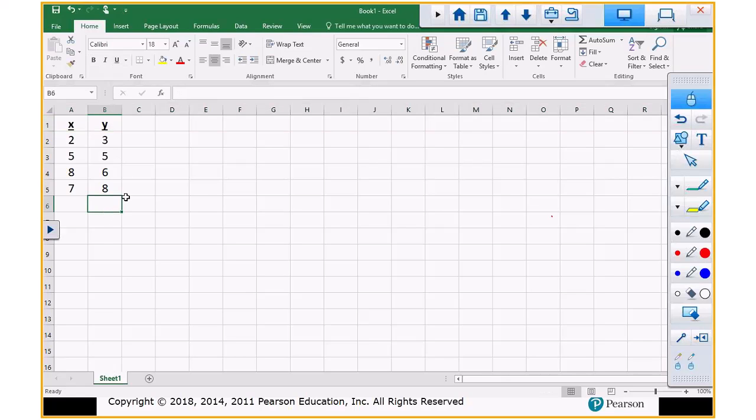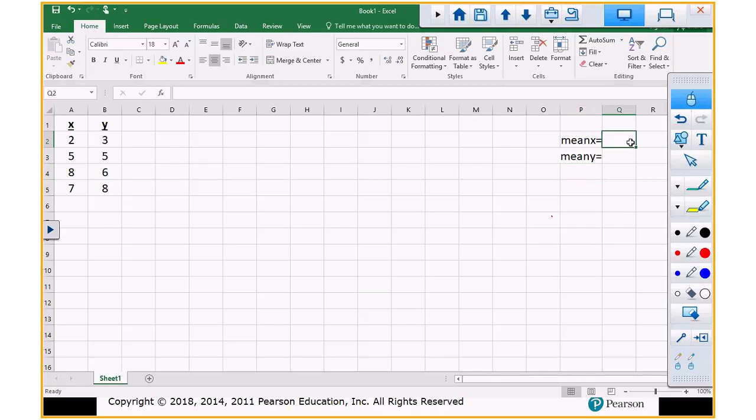Okay, so I'm going to go over here, and I'm going to find my mean for my X, M-E-A-N, and I'm going to put X bar equals, and then mean for my Y equals, and I'm not going to go through the whole calculation, but I'm going to show you how you would do it.